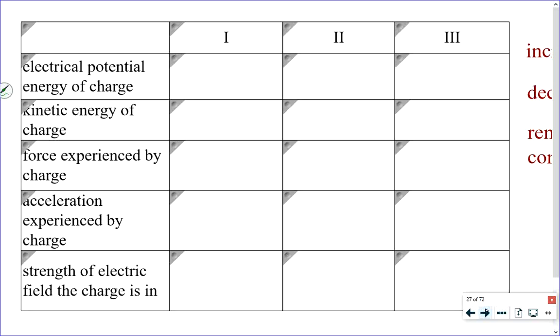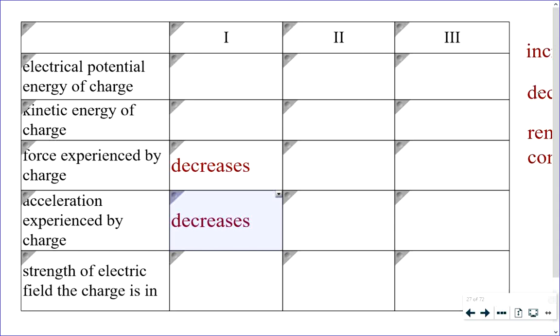So it's going to experience a net electrical force and it's going to accelerate, but it's going to be moving away, which means the amount of force it will be experiencing will decrease, because it's going to be further away from the source. So what's going to happen to the force acting on the charge is it's going to decrease. It's still going to accelerate, but it's going to accelerate at a lower and lower rate. So if the force experienced decreases, then the acceleration must decrease.